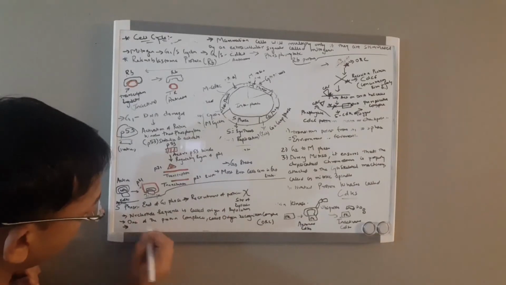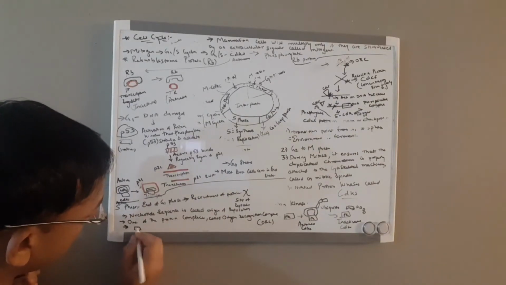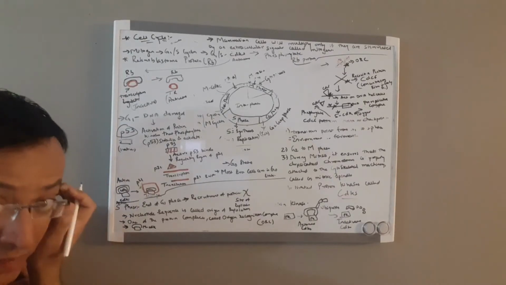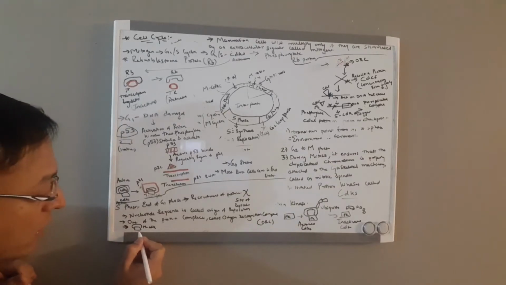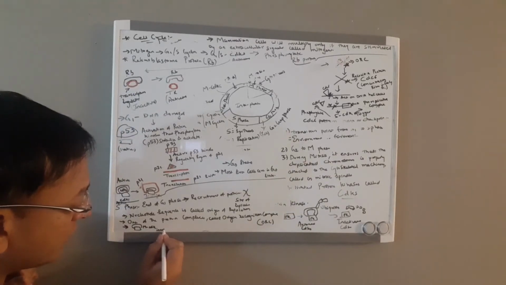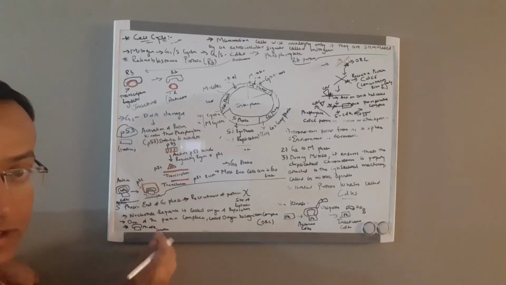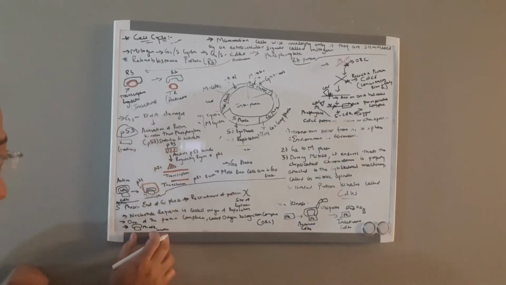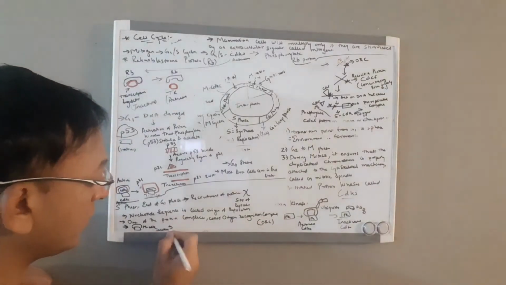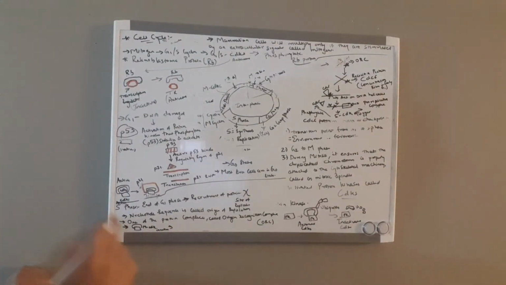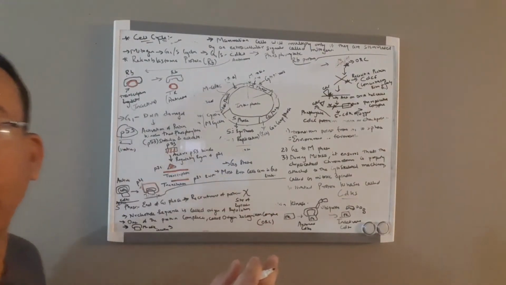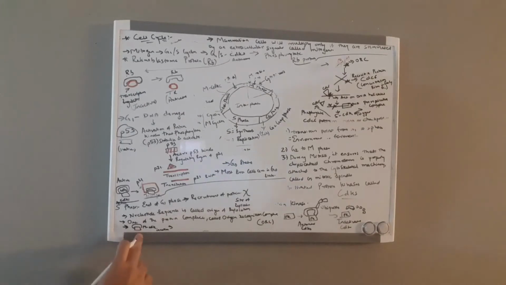For example, this is our CDK, and both together make MCDK. But it is still inactive, because it is phosphorylated. Both sites are phosphorylated together, so it remains in an inactive state. For the cell to progress into mitosis, this inhibitory phosphate must be removed.